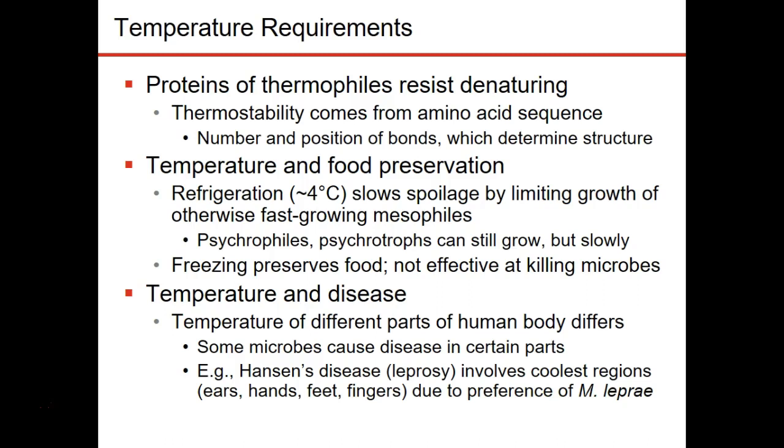And so some bacteria that grow more effectively in those cooler environments are going to likely grow in those environments, and they can actually cause disease. One example is leprosy, that causes appendages to fall off, basically. And it causes the appendages to fall off because leprosy grows effectively at cooler body temperatures.